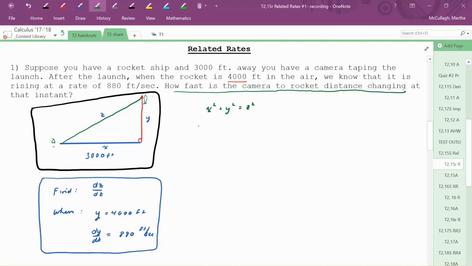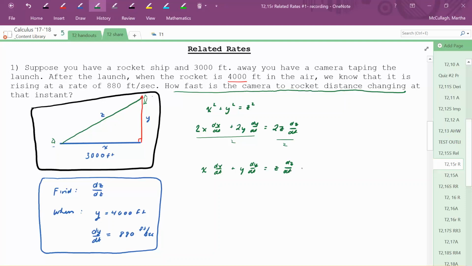Using implicit differentiation, we have 2x dx dt plus 2y dy dt equals 2z dz dt. Well, I see that I've got 2's on each side of the equation, so I'm going to divide by 2, giving me x dx dt plus y dy dt equals z dz dt.